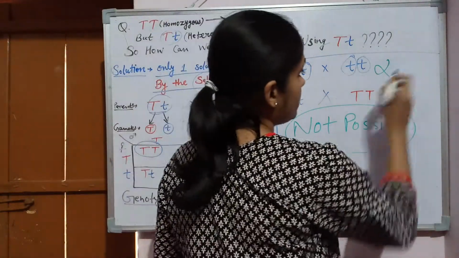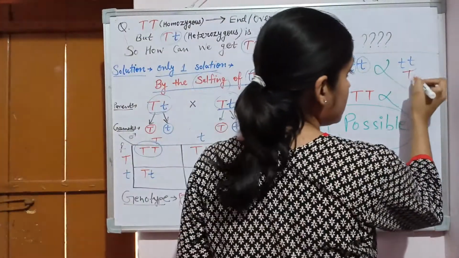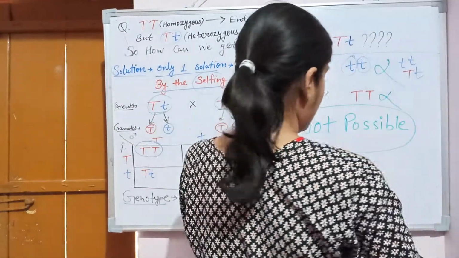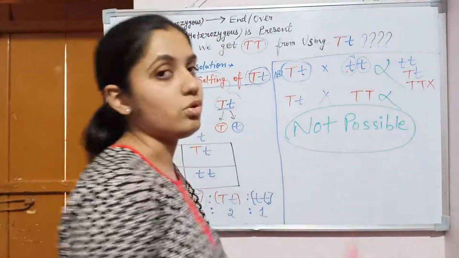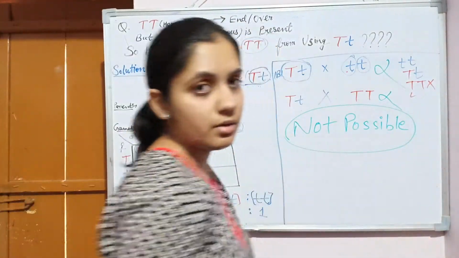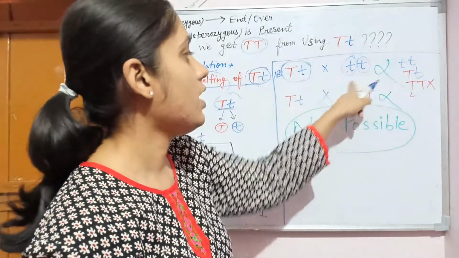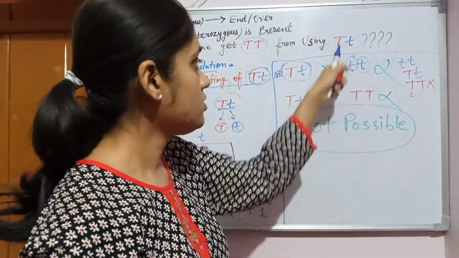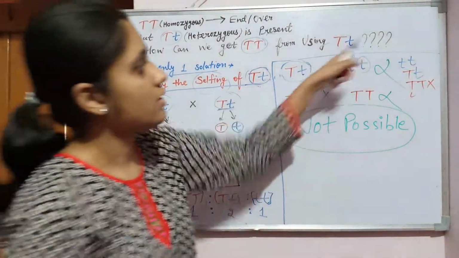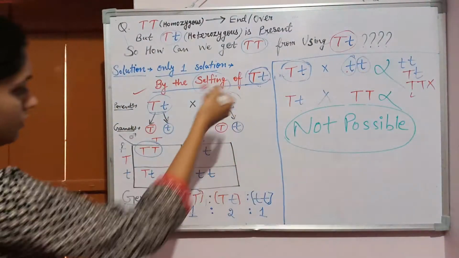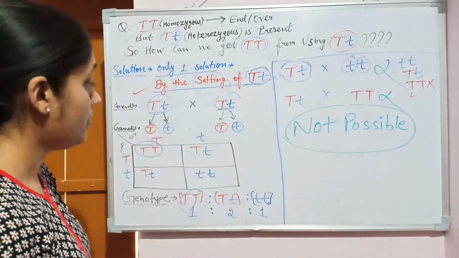So we always get either this or this, but not this, because one allele comes from this, so this cannot appear. Okay, and it is also not possible because we do not have this type of plant. Not possible. These two methods are not possible. Only by selfing this heterozygous tall plant can we get this homozygous tall plant.